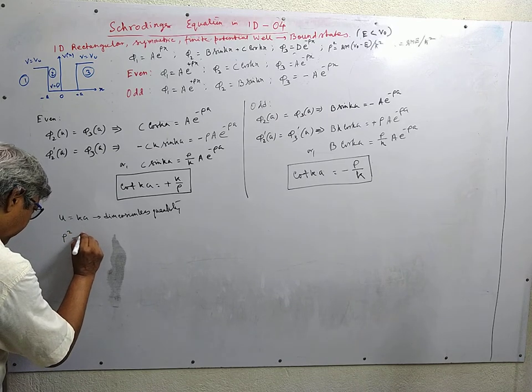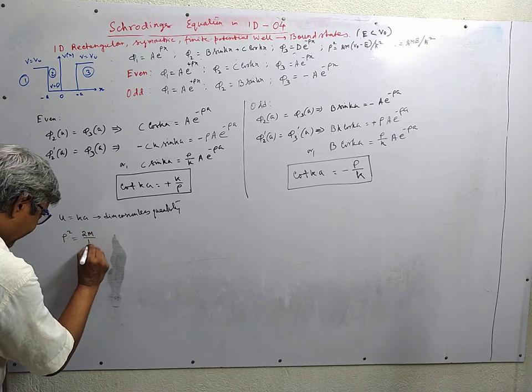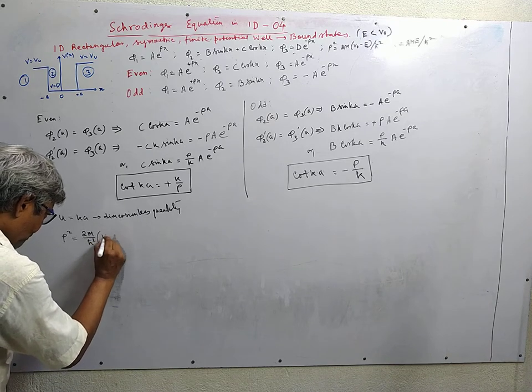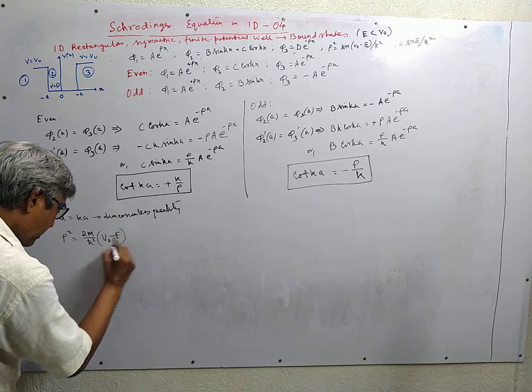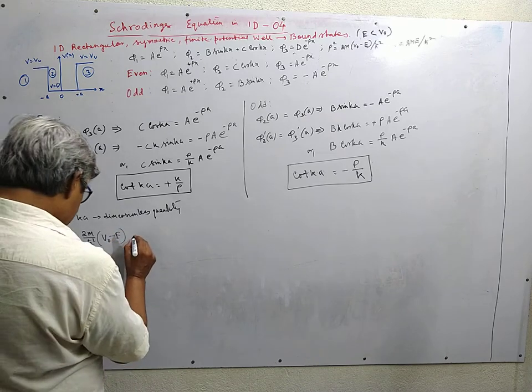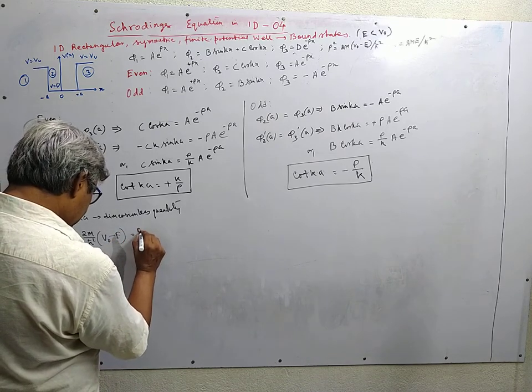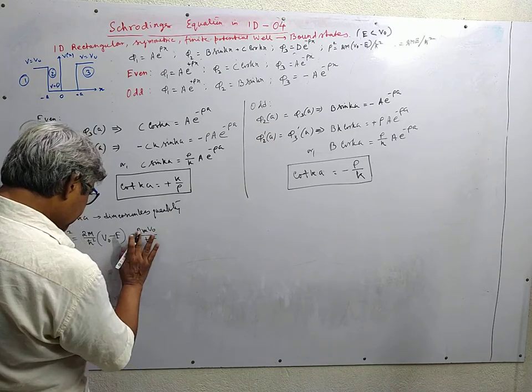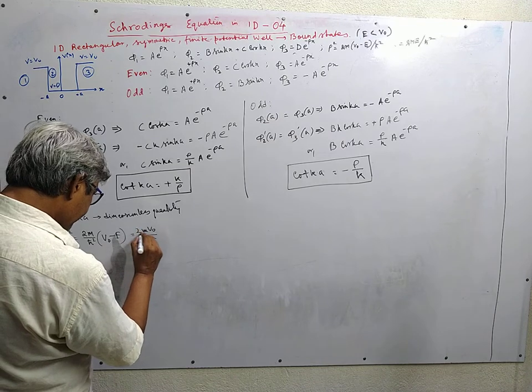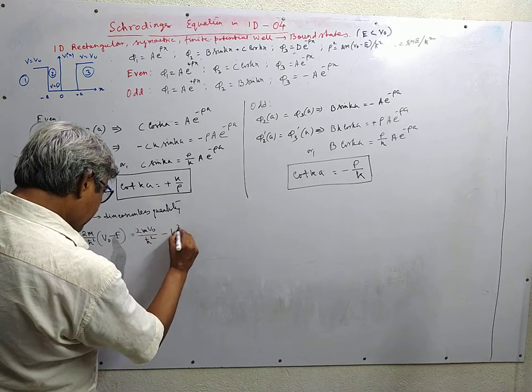Note the definition: twice m over h bar square times V0 minus E. This part is twice m V0 by h bar square minus k square.